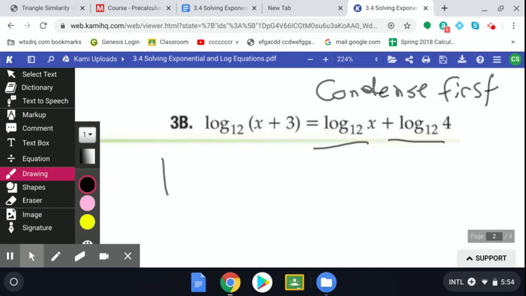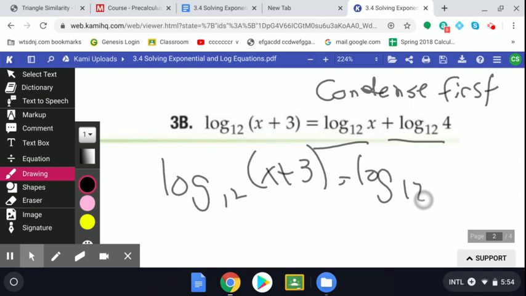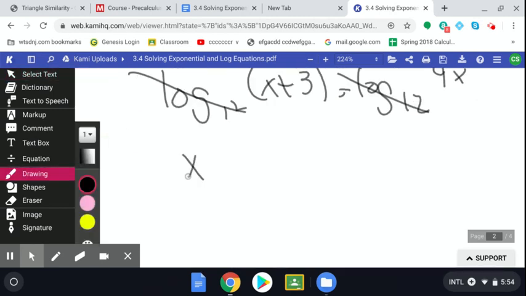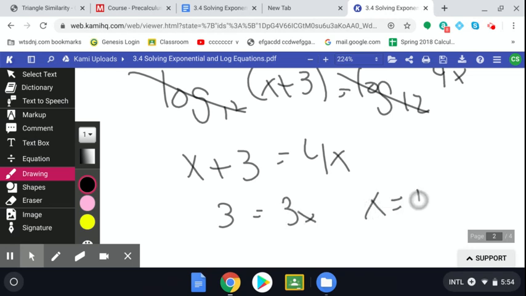So you get log base 12 of x plus 3 is equal to log base 12 of, and now remember that's going to change to multiplication, so it becomes 4x. Now you can cancel out, and you get x plus 3 is equal to 4x. And your answer should get 3 is equal to 3x. So x is 1. Once again, you should always substitute to try, but this one does work.